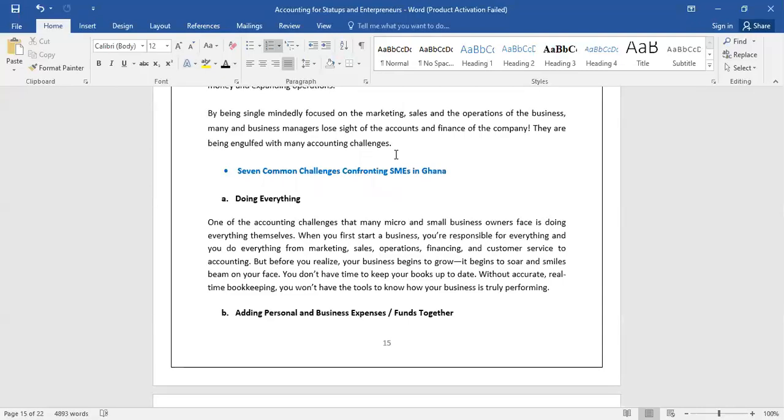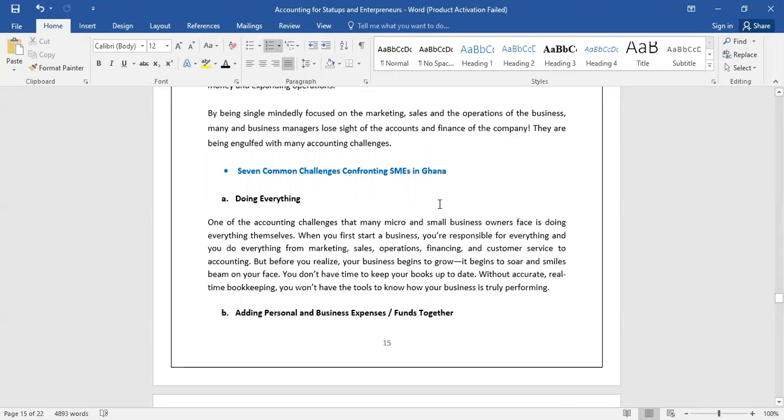Then you can adopt that software and use it to help you. It will really reduce the pressure you have on your accounting work because the software is handling everything for you. Or better still, you can outsource that aspect, if your business is big enough to pay for someone to help you with it.